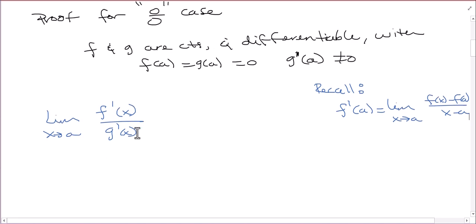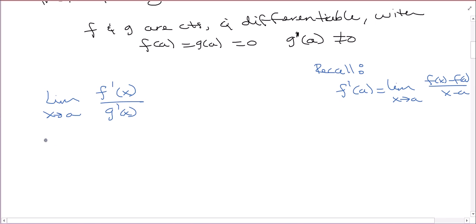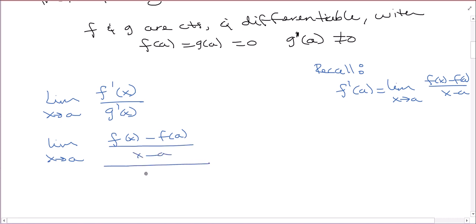So what that allows me to do is replace f prime of a with f of x minus f of a over x minus a, and the same thing for g prime of a. So this will be g of x minus g of a over x minus a.